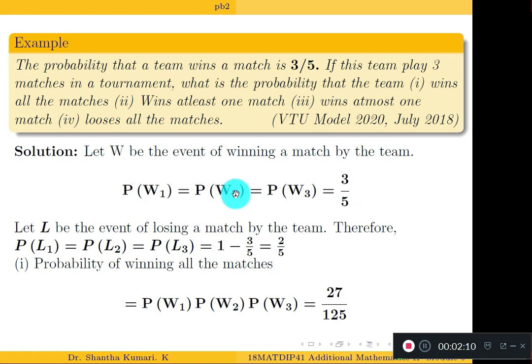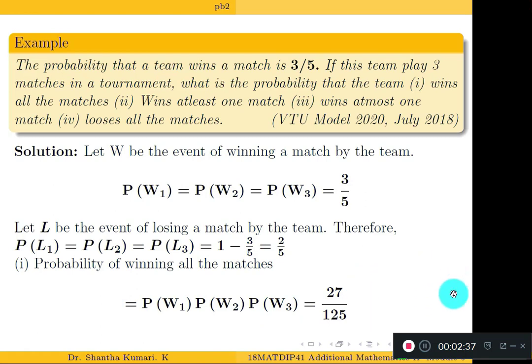So now instead of complementary events and events, I am just using W and L. Remember, what is the first question? Probability of winning all the matches. All the 3 matches means, all means intersection. W1 intersection W2 intersection W3. But here all the 3 events are independent. So directly I have written the product formula. Because of independence we are using this formula.